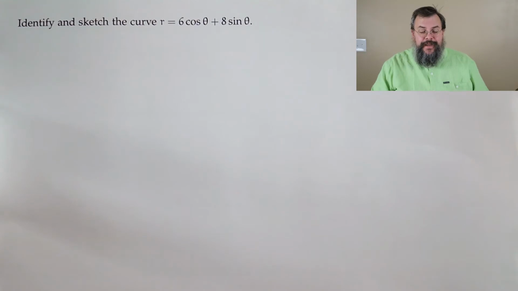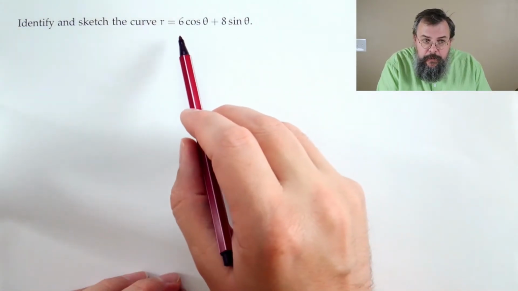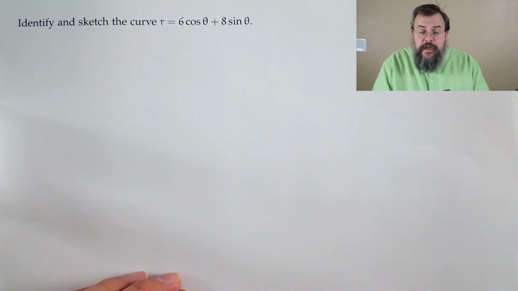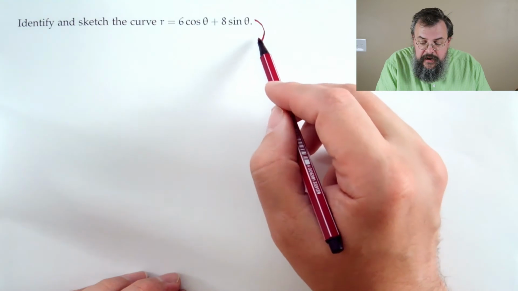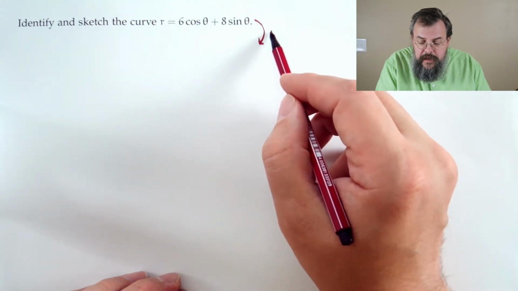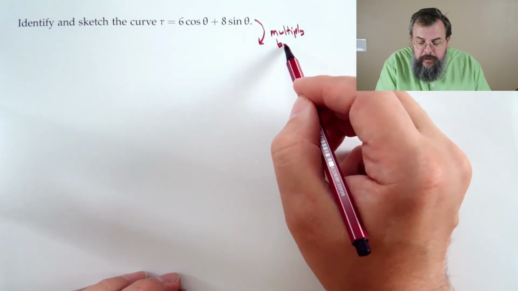But then we're like, but wait a second. We can do something. We can take this expression and say, if we had r's, life would be good. So let's put them in. We're going to multiply by r. And let's see what we have.